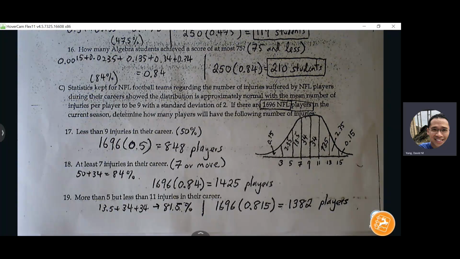Yeah, so for 17, 18, 19, create your normal curve. And then you're going to find the probability and multiply the probability by 1696.